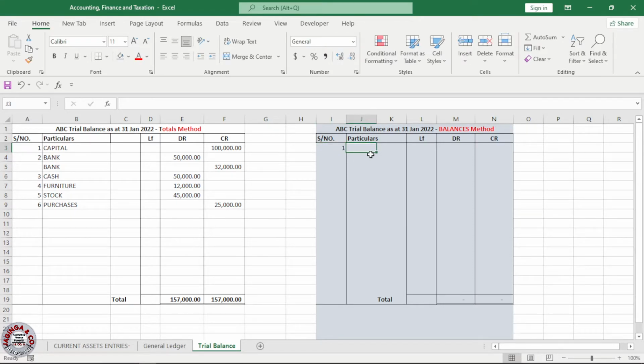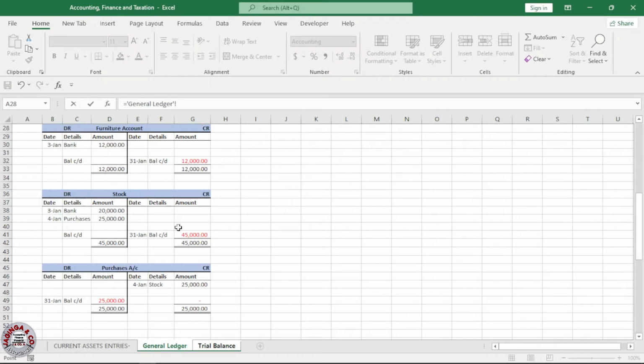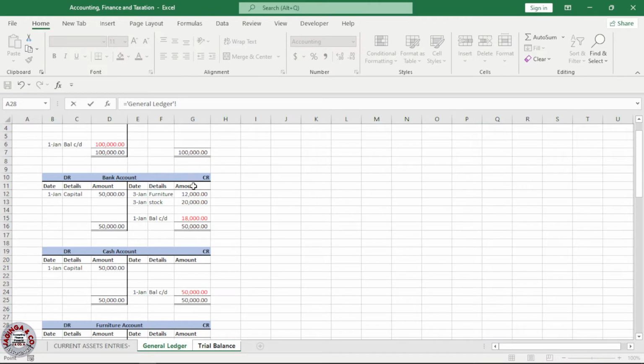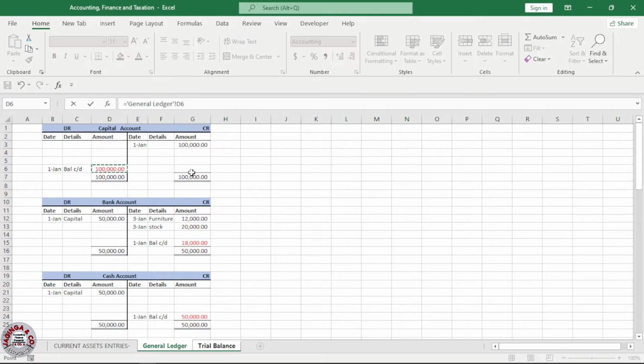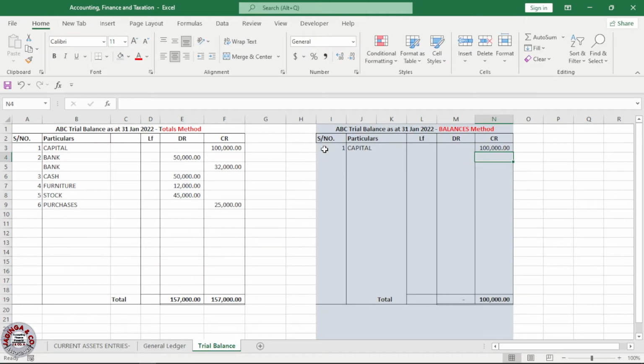Under capital account, we get that our balance carried down is 100,000. This is a credit balance, in the sense that the credit side is more than the debit side, and there was no other transaction where we debited the capital account. So we only have a credit balance.